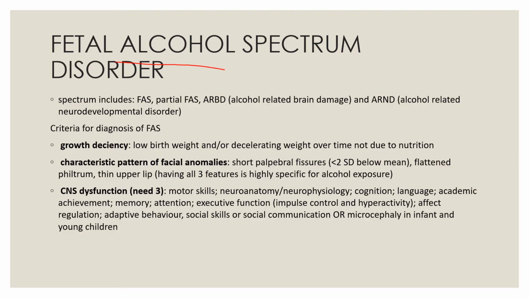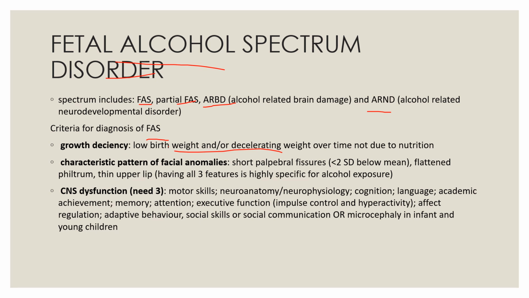Now, what is fetal alcohol spectrum disorder? Fetal alcohol spectrum includes fetal alcohol syndrome, partial FAS, alcohol-related brain damage, and alcohol-related neurodevelopmental disorder. What are the criteria for diagnosis? Growth deficiency: low birth weight or decelerating weight over time, not due to nutrition.